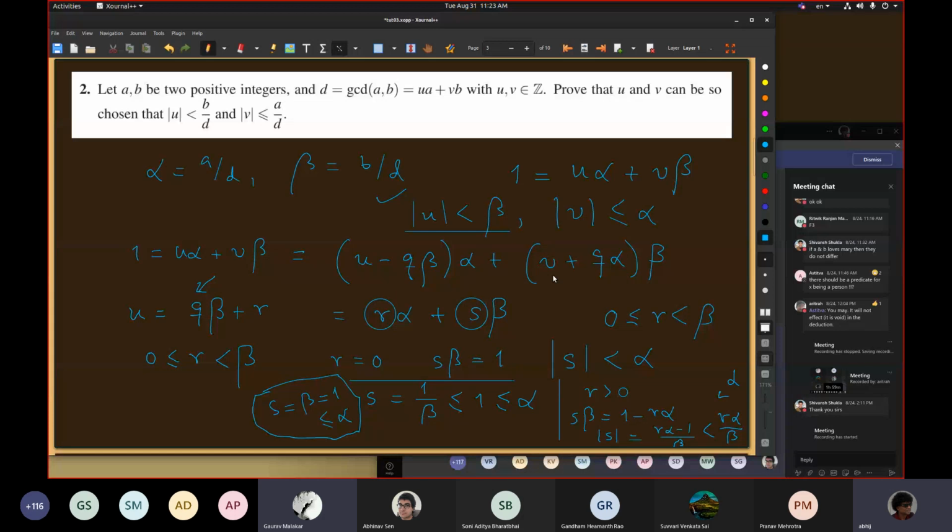This is nothing but v plus q alpha. v is an integer, q is an integer, alpha is an integer. So s has to be an integer. I do not have to prove that it is an integer. Yes or no? Yes, sir. Okay.